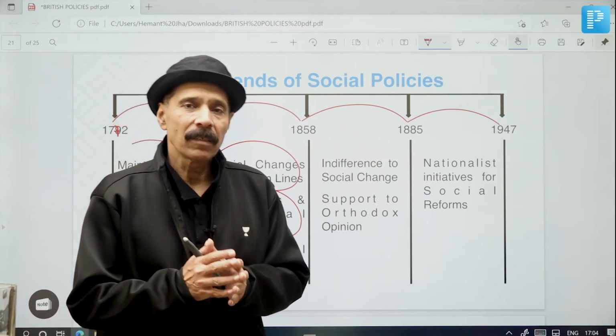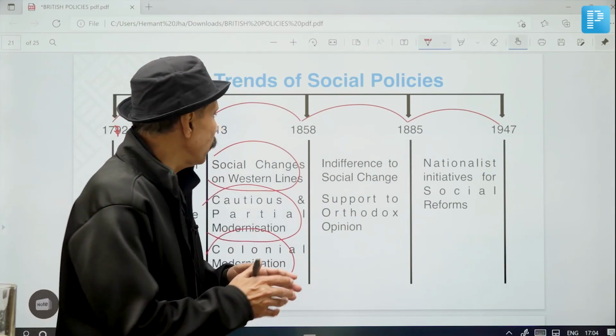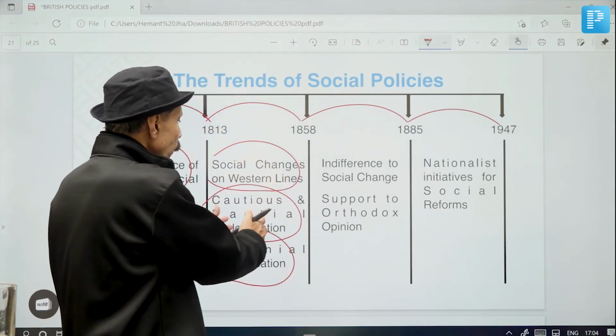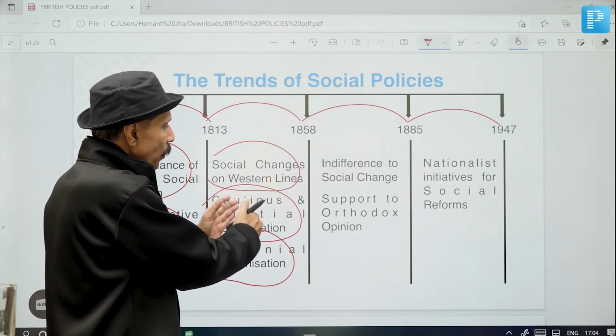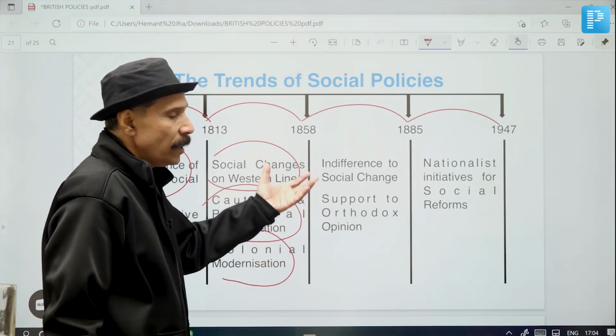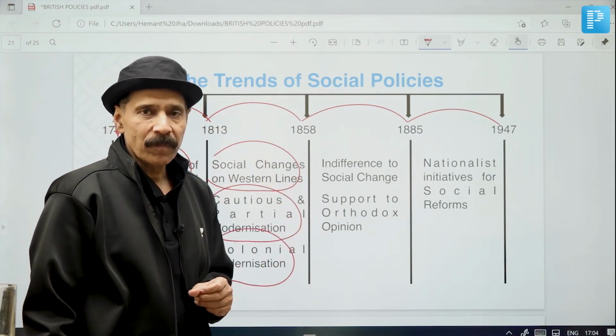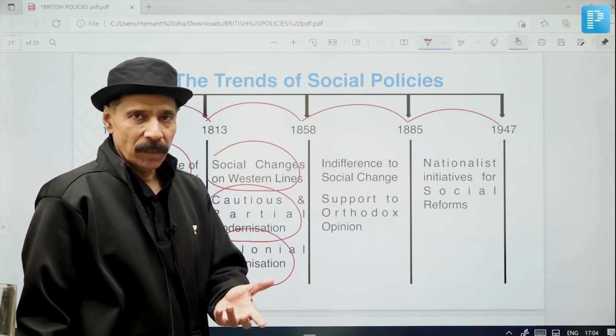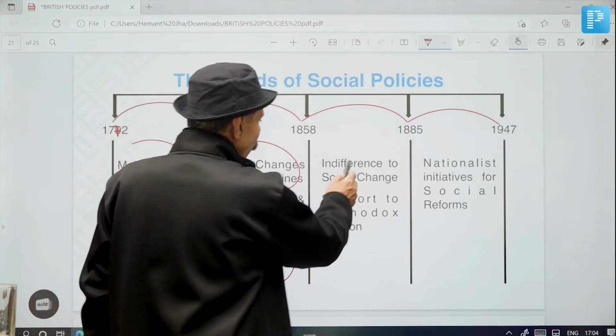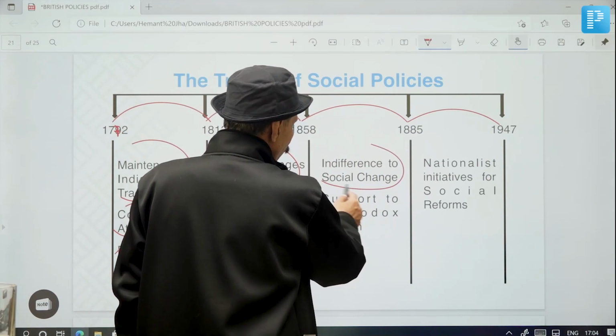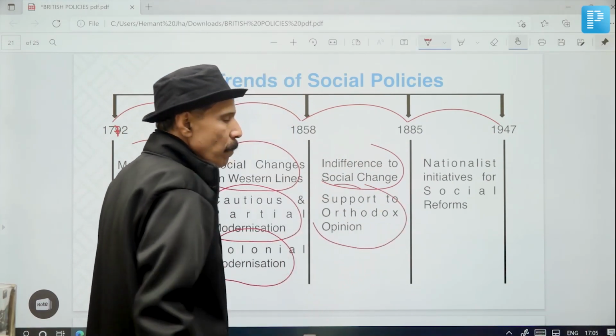Britishers considered that the several social changes introduced during this phase played a role in giving rise to the Great Revolt of 1857. So they changed their policy. Now the policy is indifference to social change and support to orthodox opinion.